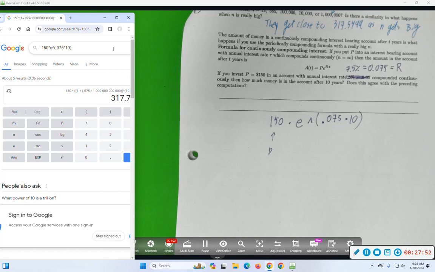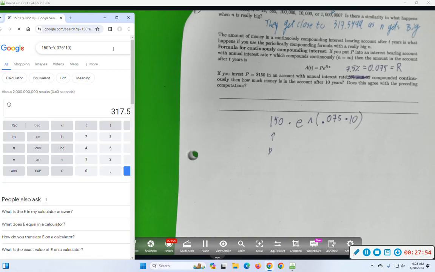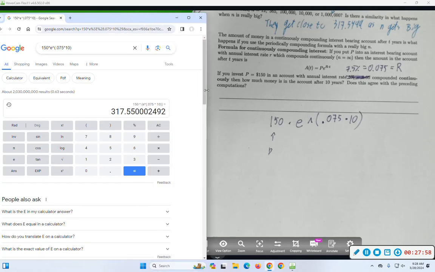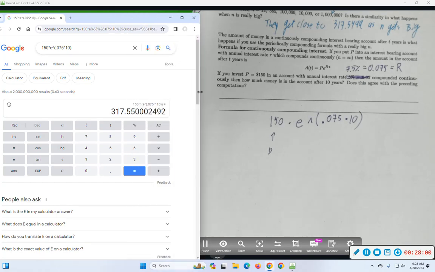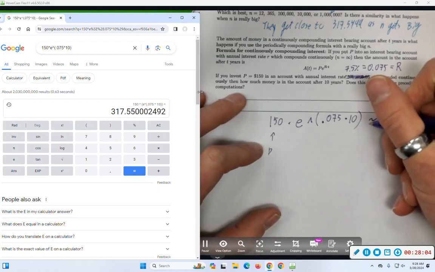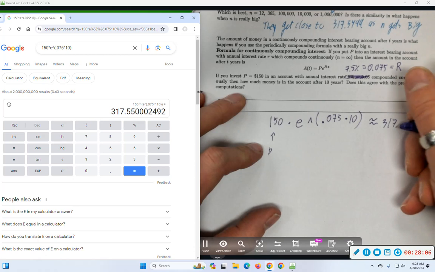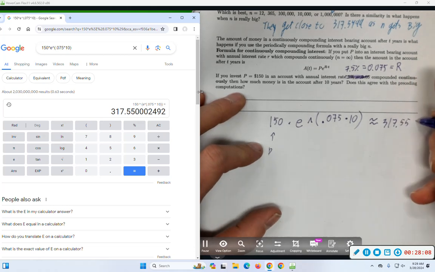Type all that in, right? Moment of truth. Does that look pretty close to the numbers we were getting? $317.550002.